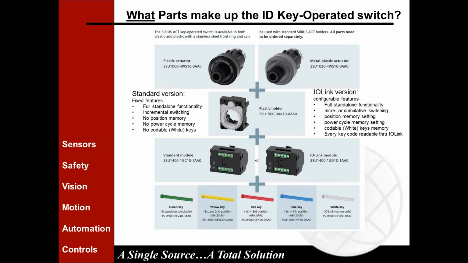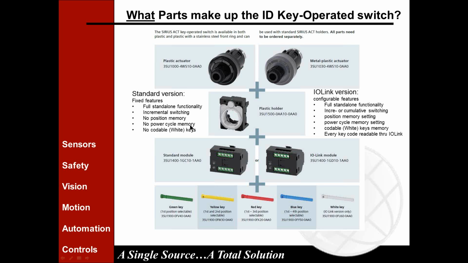So in other words, if you pull a key out with the standard, and before you program anything in the IO Link version, it will just turn off all your outputs. But in the IO Link version, it does have a position memory setting so that when you pull the key out, it will maintain whatever the last position and outputs would have been.